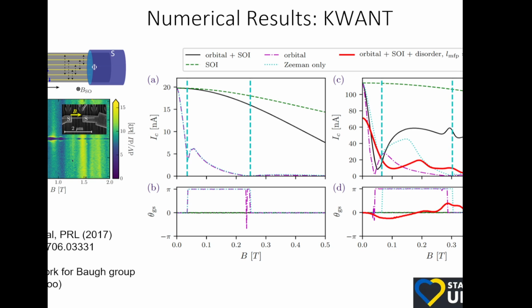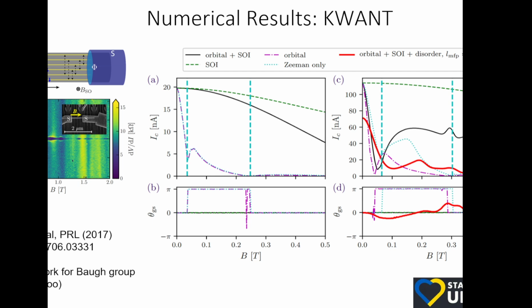Okay, so then in the calculation, what is also nice, we cannot do that in the experiment, but we can turn on and off different terms in the Hamiltonian. So for example, we can plot what if there's only a Zeeman term present and not the others, or orbital, which is the vector potential term, so this is the interference effect, or just a spin-orbit term, or a combination, or everything.